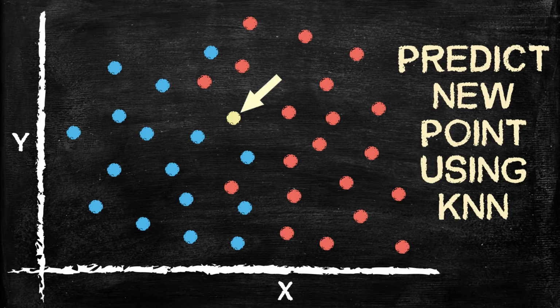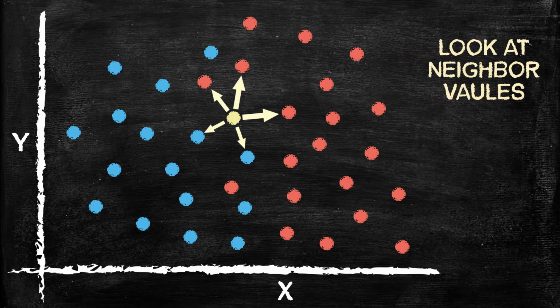So throwing an example data point in there, this yellow one, we are going to go ahead and try to predict what class this belongs to using KNN. And first we'll discuss how KNN takes this data point and makes this determination. So KNN looks at neighboring values in order to figure out which class this belongs to.